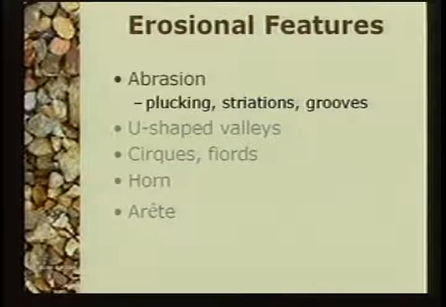Okay, glacial ice is a geologic agent, and therefore it will erode, transport, and deposit. Let's look at some erosional features first. Because glacial ice will often pick up little pieces of rocks, sand, sometimes even huge boulders that are in its way and carry them along in the glacial system, we see rock upon rock creating abrasion and striations and grooves on the bedrock.